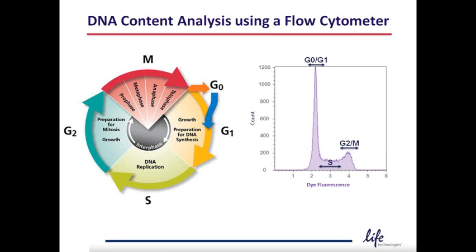You see something very similar to what I showed you on the previous slide, where you saw the very sharp bands at each of the stages of cell cycle. In this case there's some error that creates these wider bands, which comes from both the instrument itself but also from the cells being measured. And so we can use flow cytometry to measure a population of cells and determine where they are.